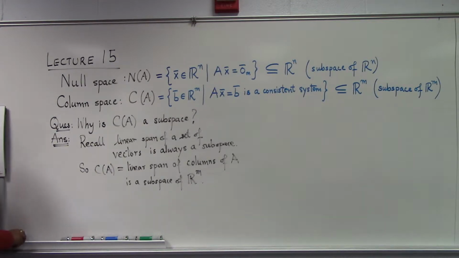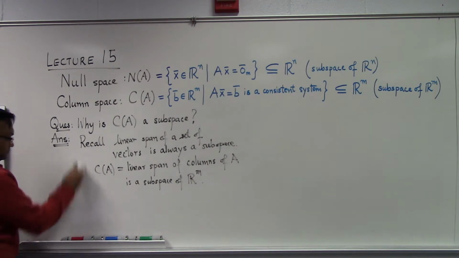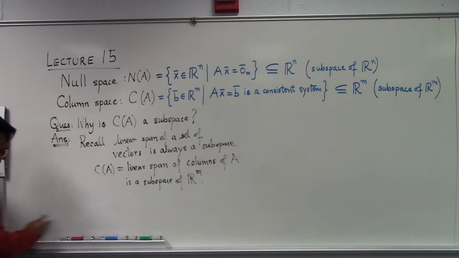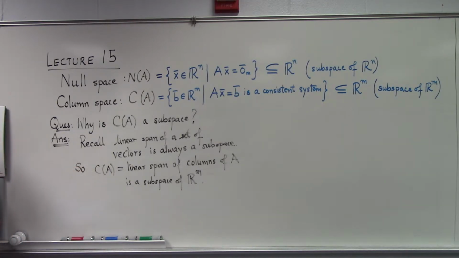So the idea is basically that this is an easy way for us to know if something is a subspace of a space, if we know that that something can be spanned by a bunch of vectors, or it is actually the linear span of a bunch of vectors.